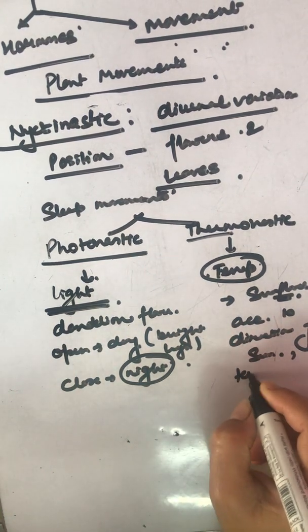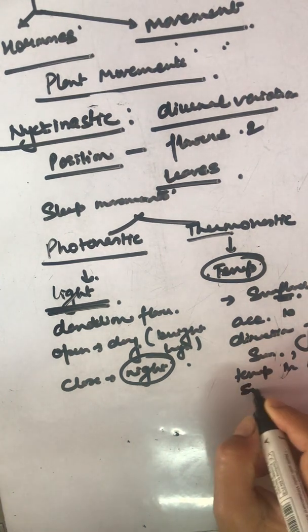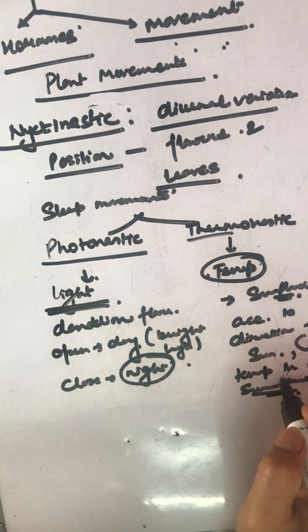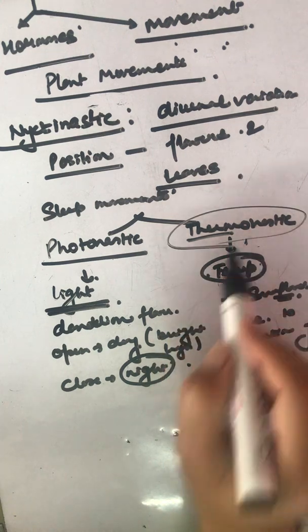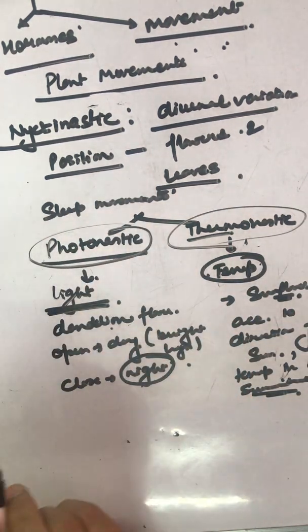Temperature in the surroundings. This is a non-directional movement but is an example of thermonasty. This is again non-directional but photonasty, that means light.